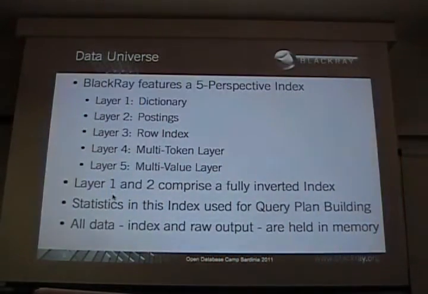And then we have 2 additional layers that you will not really find in a lot of databases. One is multi-token, which allows us to have multiple tokens in one column. And then we have a multi-value layer. And this allows us to store historic values for a column. So if you do an update, you can actually keep the old value in like a shadow of the current cell.